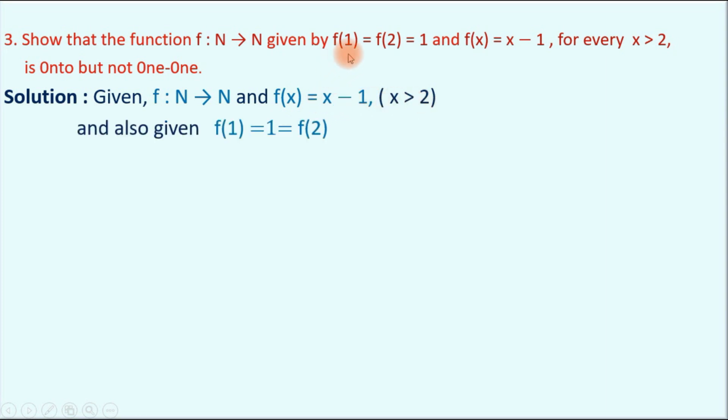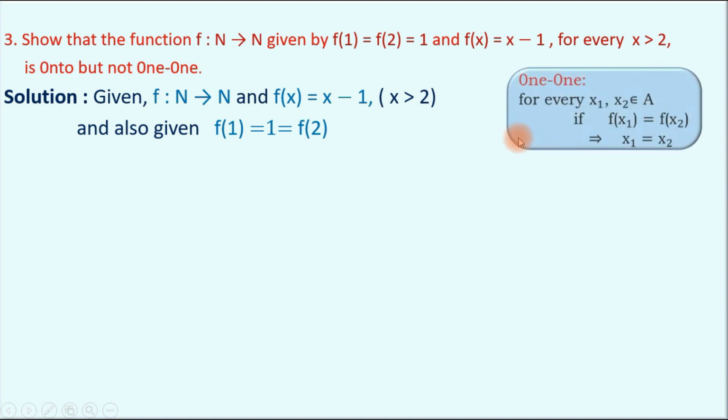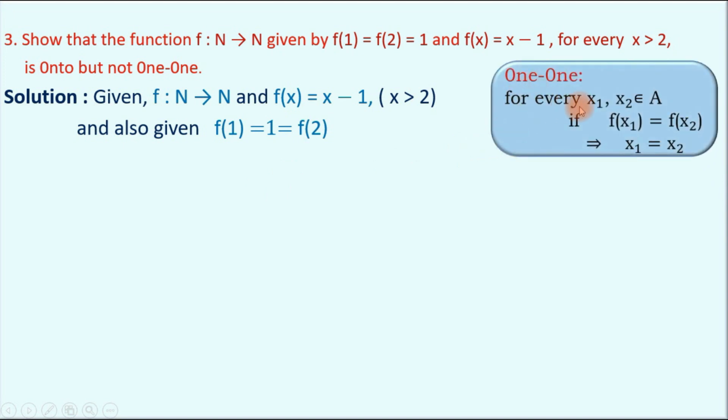For x is 1 and 2, f of 1 is equal to 1, f of 2 is also equal to 1. Look at the condition of a 1-1 function. For every x1, x2 belonging to the domain, if f of x1 equals f of x2, that implies x1 equals x2.